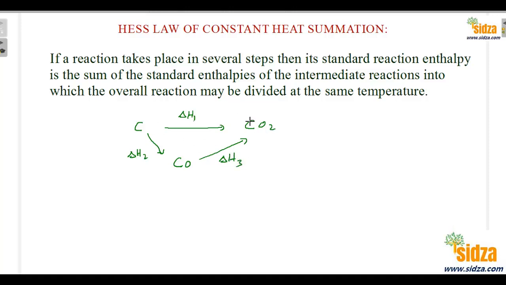This is the direct process and this is the indirect process, meaning you are carrying out the reaction in two steps. So according to Hess's law, the energy change will be the same whether you carry it out in one step or in two steps. This means delta H1 will be equal to delta H2 plus delta H3.